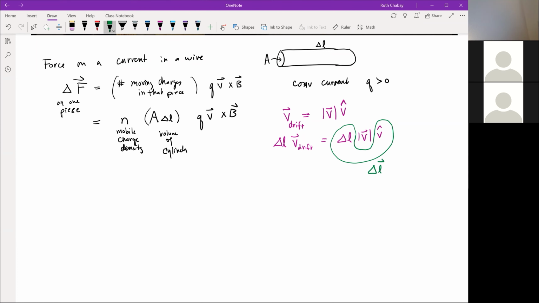And so now this expression looks like the speed times the vector delta L. And so once we do this, we can rewrite this as we have a Q and a V delta L cross B, where now delta L is a vector in the direction of conventional current.